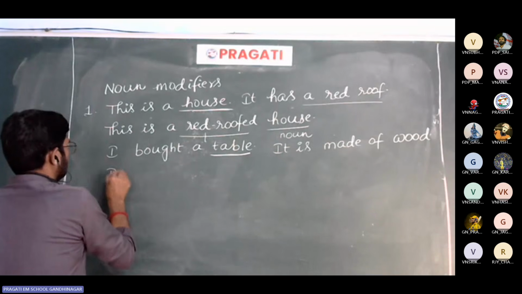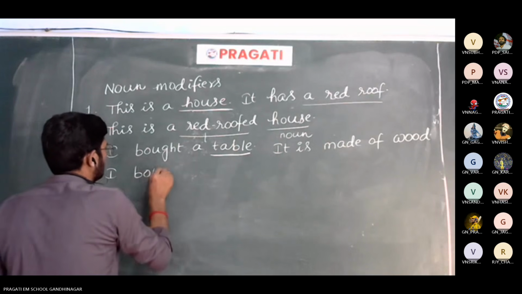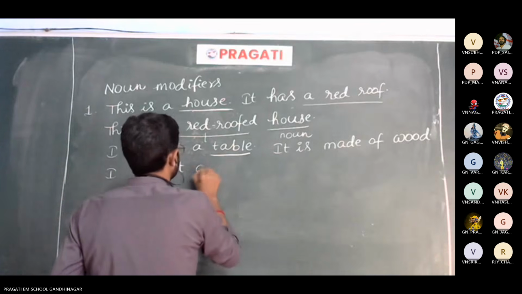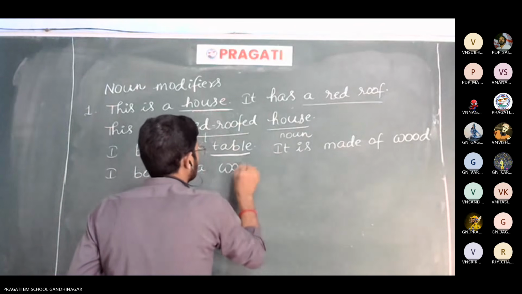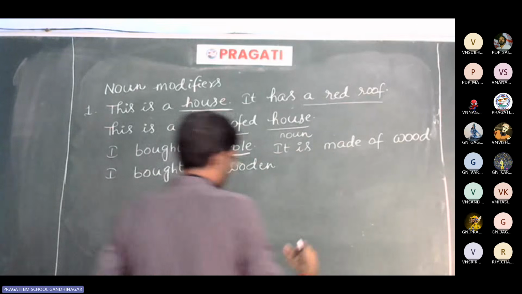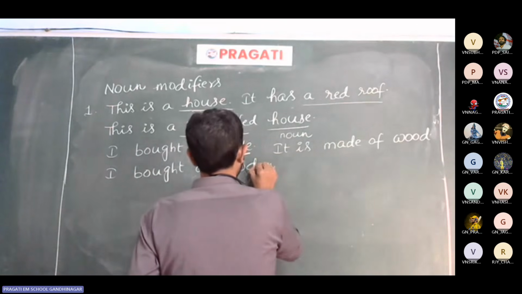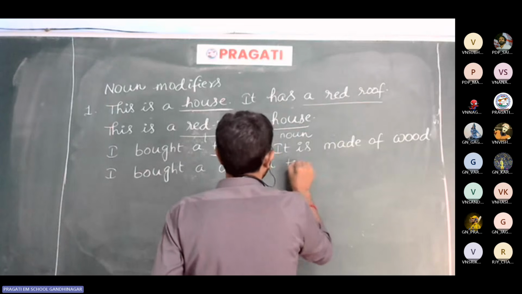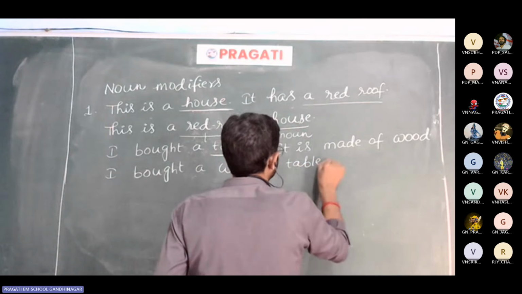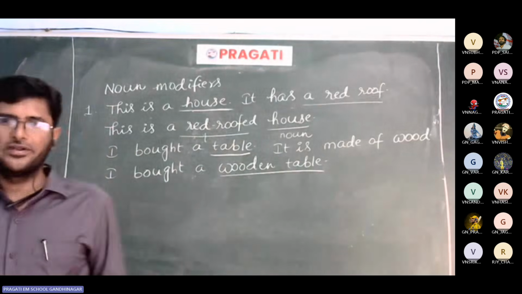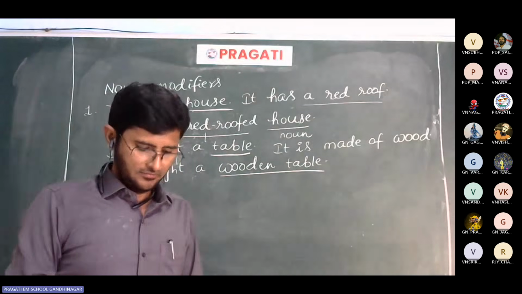It's very simple. I bought. Something which is made of wood, what is the equivalent adjective for that? Wooden. So I bought a wooden table. So as simple as this. I bought a wooden table. Right.